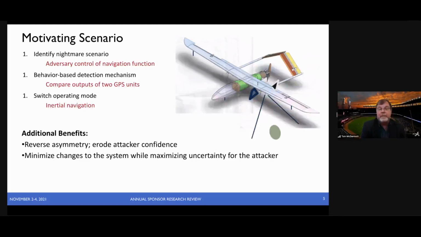What we were able to do at the behavioral level was define a rather small and simple device that we could put on this aircraft to monitor the behavior of the outputs of these 2 GPS units, and then switch them if one of them happened to be performing abnormally, as opposed to even knowing if it was being attacked or not. We found this to be a very effective methodology for protecting platforms like this at a relatively low cost.